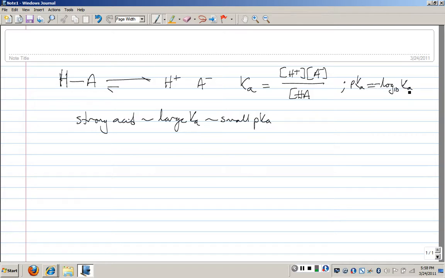And I gave an example last day that showed that the minus sign causes the direction to be inverted. So a strong acid, which has a large Ka, will have a small pKa.